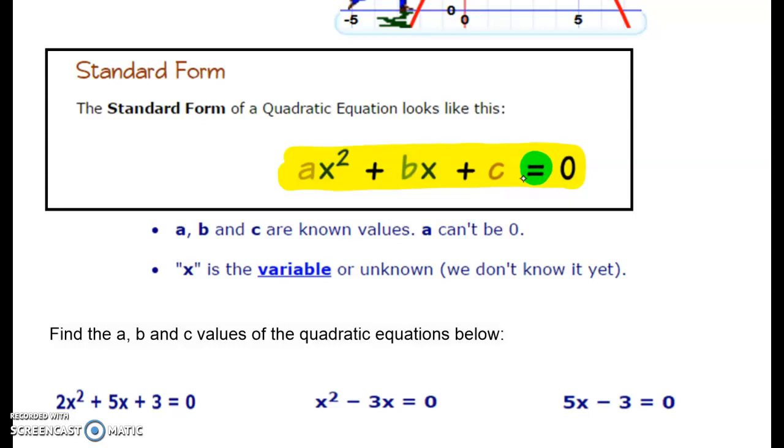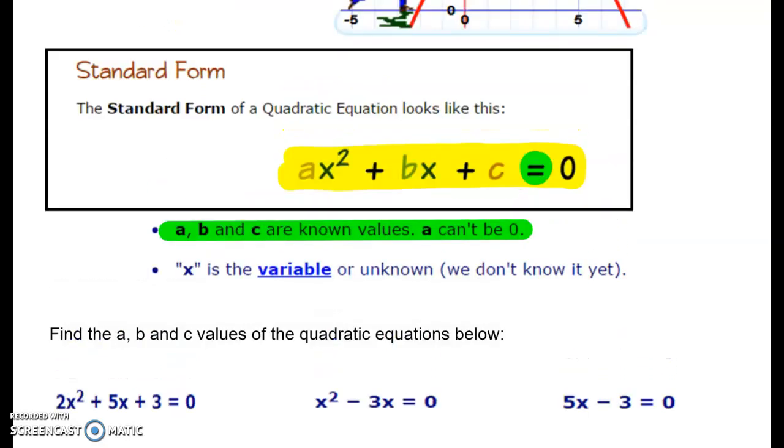And standard form has it equaling 0. If we look below, a and b and c are known values where a cannot be 0. Obviously, if a was 0, 0 times x squared, this would not be a quadratic anymore. x is the variable or the unknown. We don't know it yet, obviously.